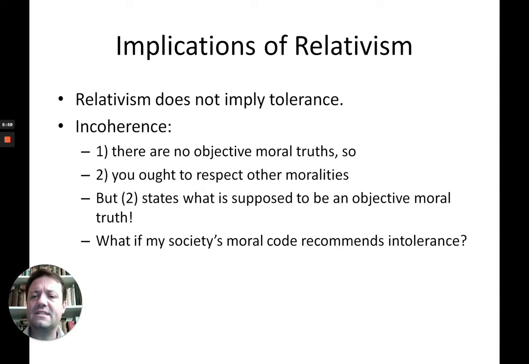But this doesn't make any sense, because the conclusion at 2, you ought to respect other moralities, states what is supposed to be an objective moral truth. But if there are no objective moral truths, how can this be the case? And what if my society's moral code recommends intolerance?